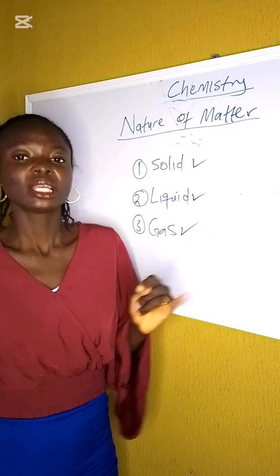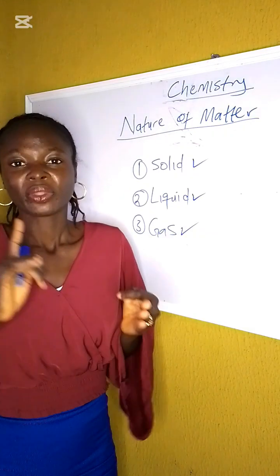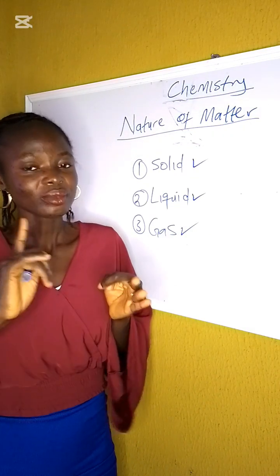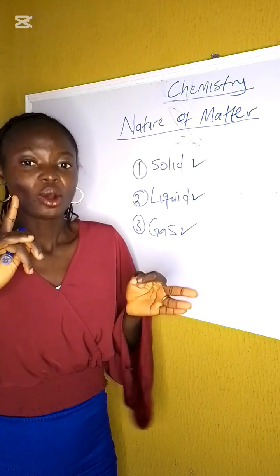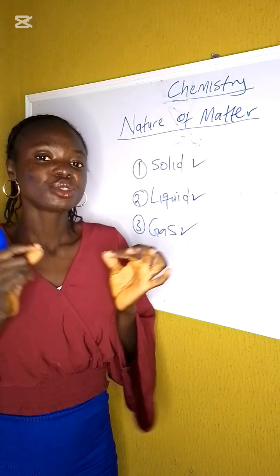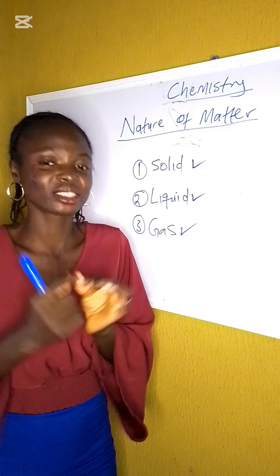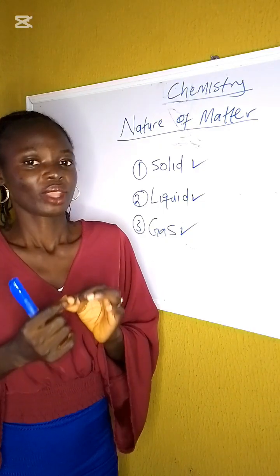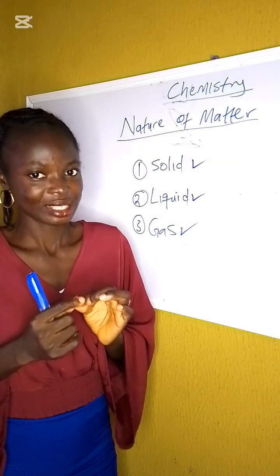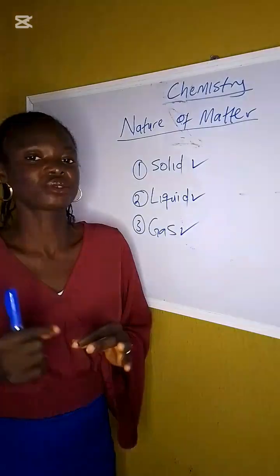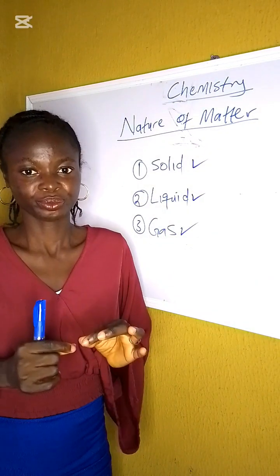That is number 1. Then number 2 is that gases do not have definite shape. You cannot even see gas with your physical eyes, not to talk of seeing the shape.